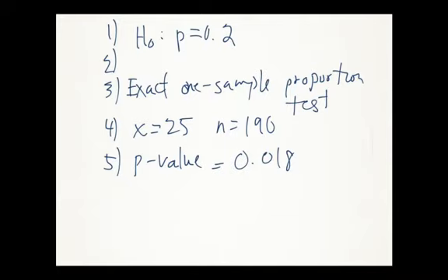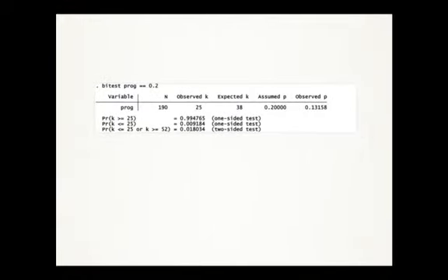So what would this look like in Stata? Okay. The command is bitest, for binomial test. Progression is our variable. We put two equal signs because we want to know, is this equal to 0.2? Okay. This is our assumed proportion, 0.2.